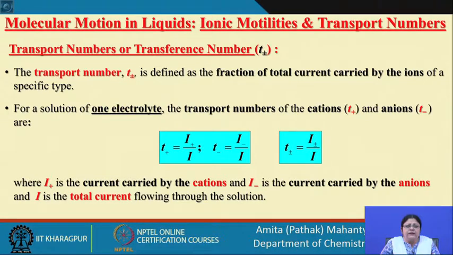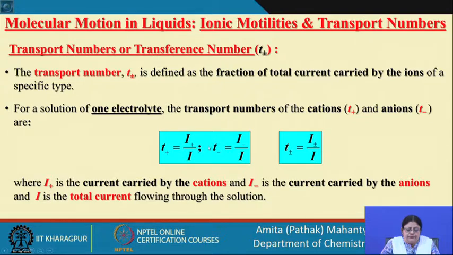So, for that situation, the transport number or transference number of the positive ions can be defined as the ratio of the current carried by the positive ions divided by the total current.